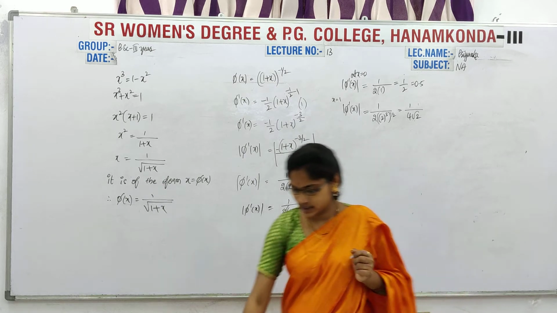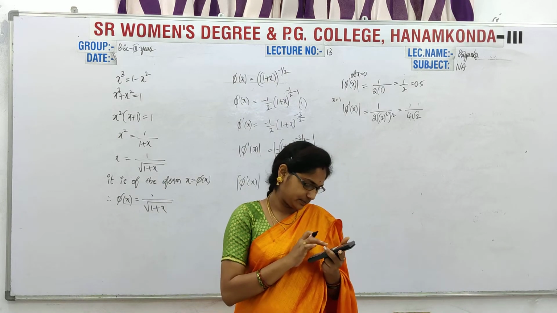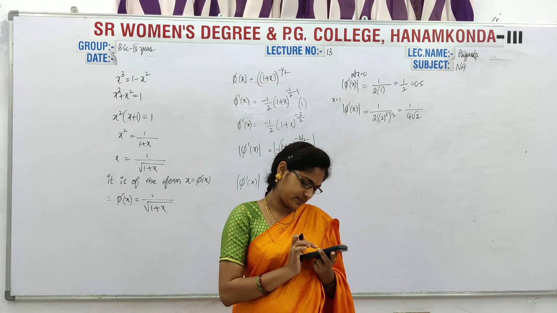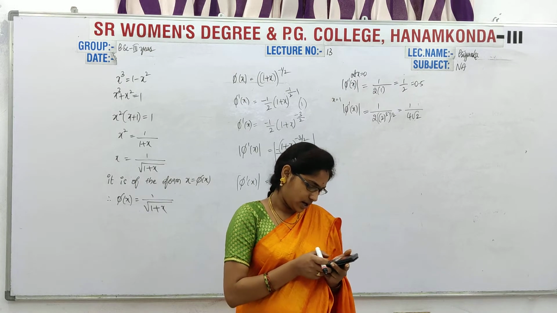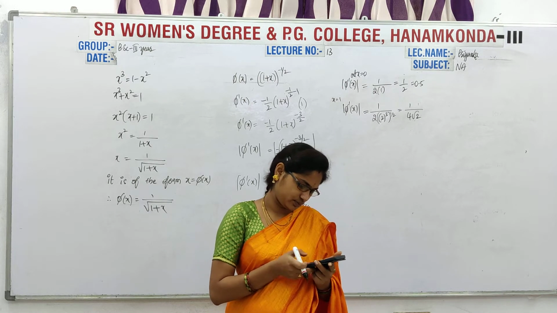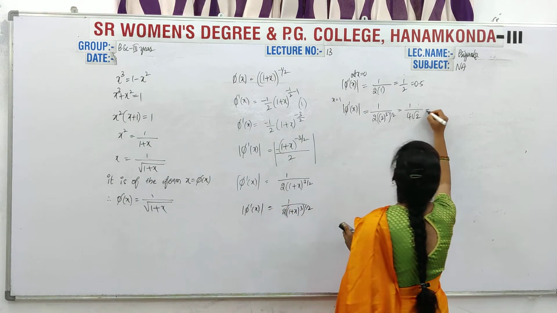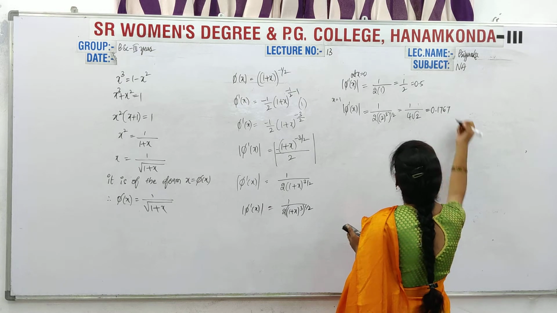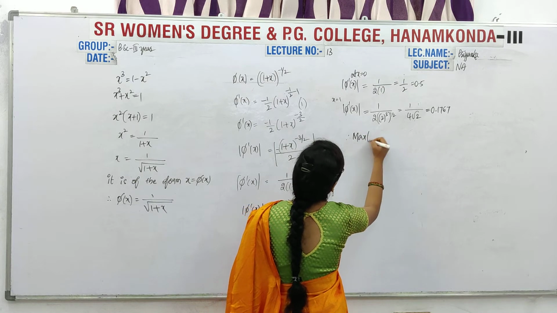So now by calculation, just calculate 1 divided by open bracket 4 root 2. It is nothing but 0.1767.